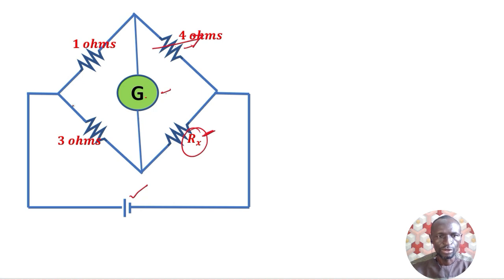But before we continue, let's label each part of this bridge. I'll call this resistor here R1. Let's call this R2. Let's call this R3.